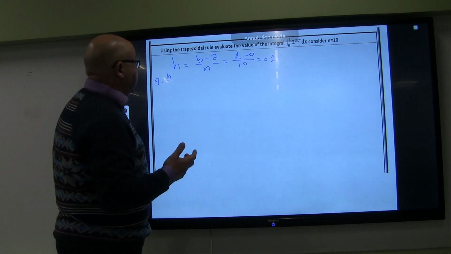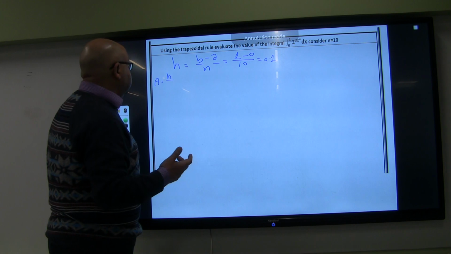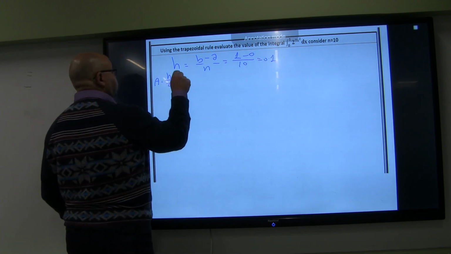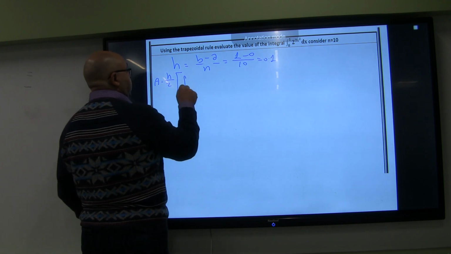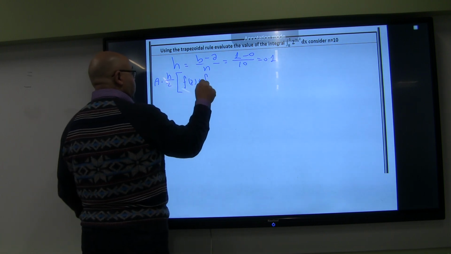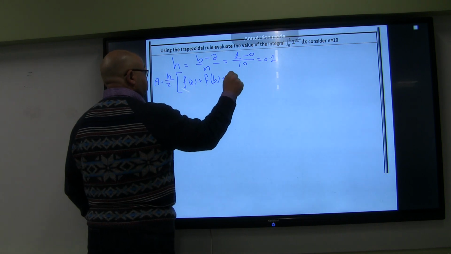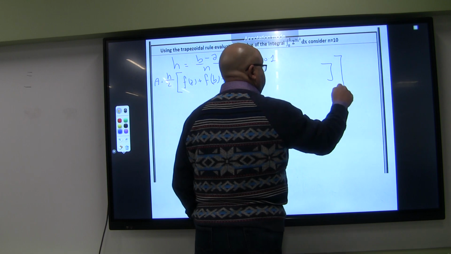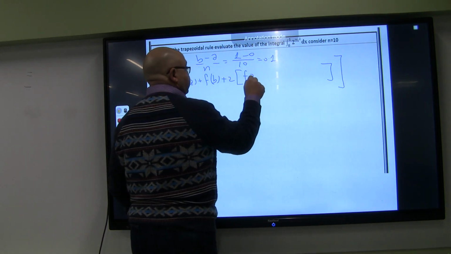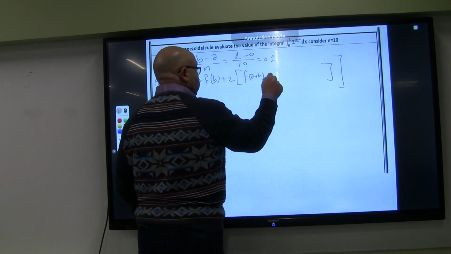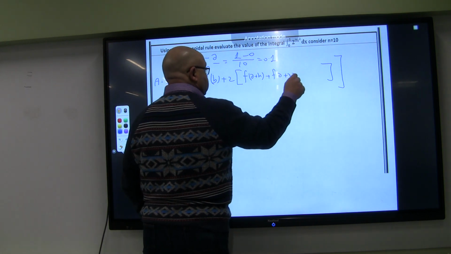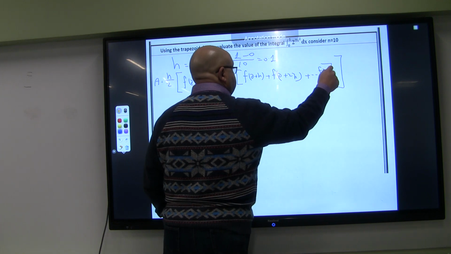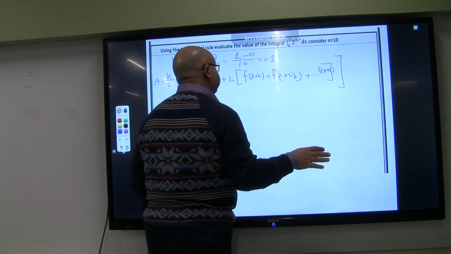If I want to evaluate this integration using the trapezoidal rule, simply it's going to be h over 2, open your bracket, f at a plus f at b plus 2 times what's in between these two values, which is going to be f at a plus h, plus f at a plus 2h, plus blah blah blah till you reach f at a plus 9h.